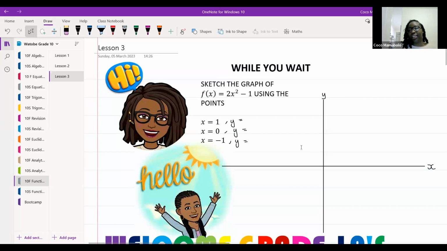I see Aisha's hand is up. Hello, Aisha. Aisha's not unmuting. Aisha, when you want to unmute, please go ahead and speak to us. Hi, Aisha. Hi.